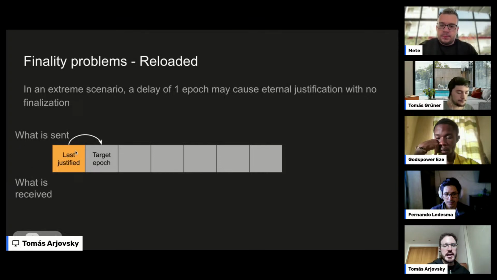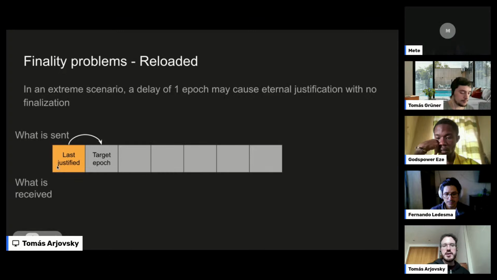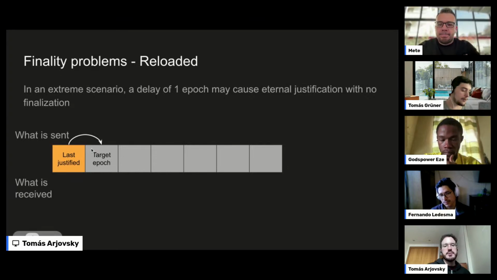start with this as my current justified checkpoint, right? And this is the epoch that we are currently transiting. This is where we are now in terms of time. So what I will naturally do is emit a vote from this justified checkpoint to this target epoch, right? This will be my attestation, and I will send that to the world.